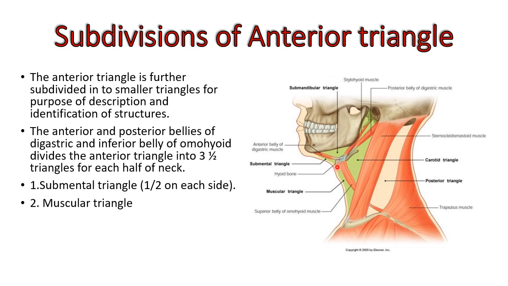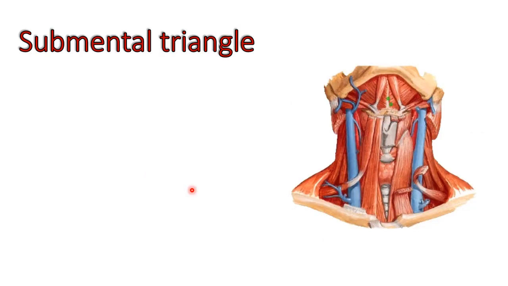Below the hyoid bone you have the muscular triangle, then the digastric triangle, and then the very important carotid triangle. So these are the four triangles: submental, muscular, digastric and carotid. The submental triangle forms a complete triangle only when you join the two halves of both sides of the neck.